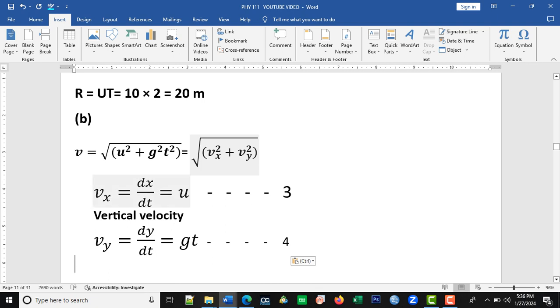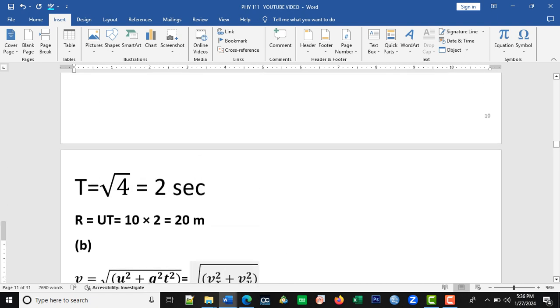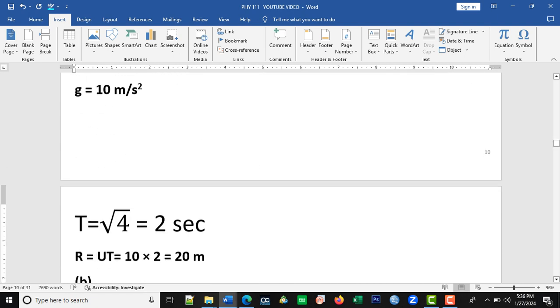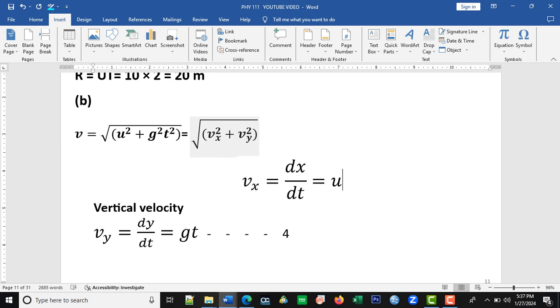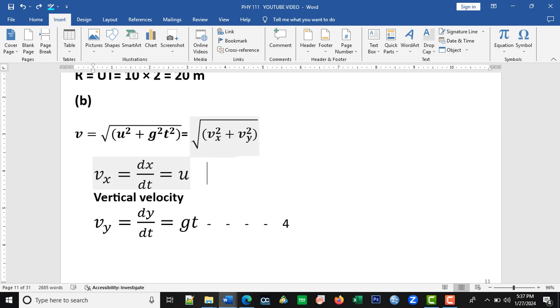Vx equals u. Our u in the equation was 10. So here I am going to put u equals 10 meters per second.